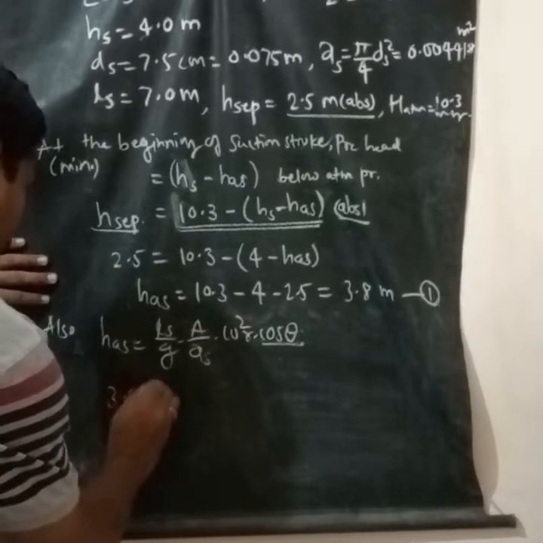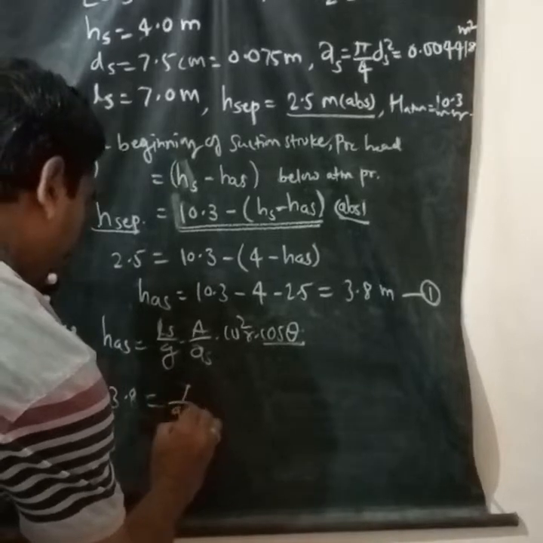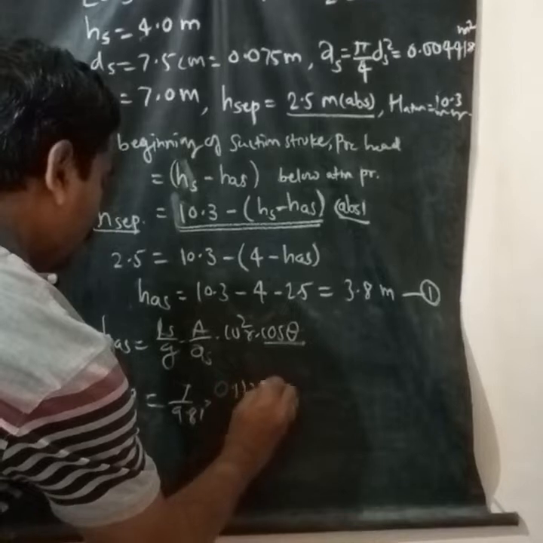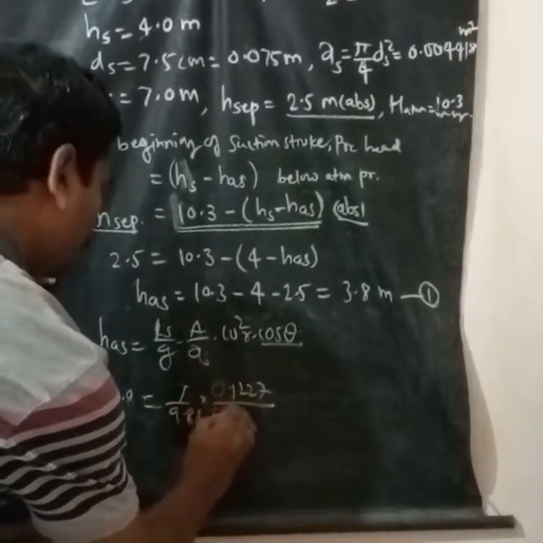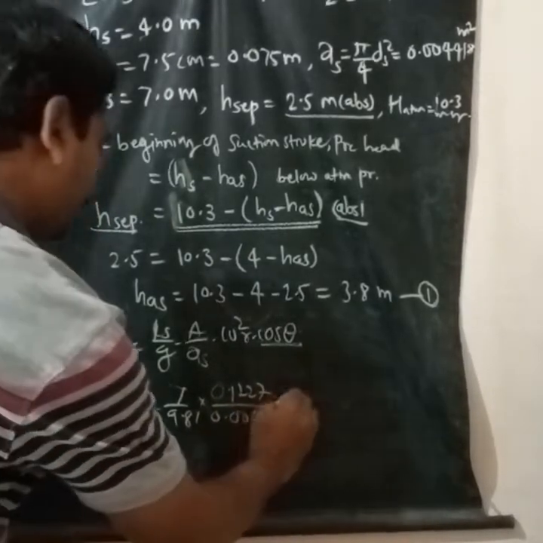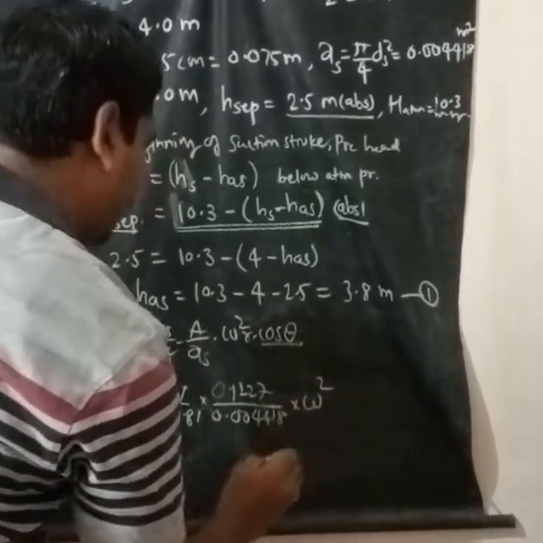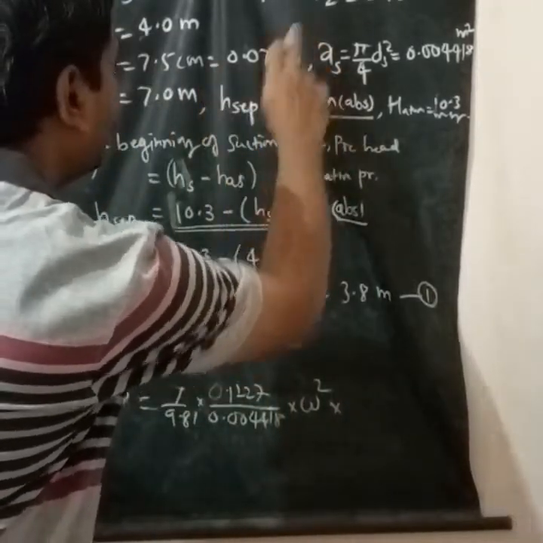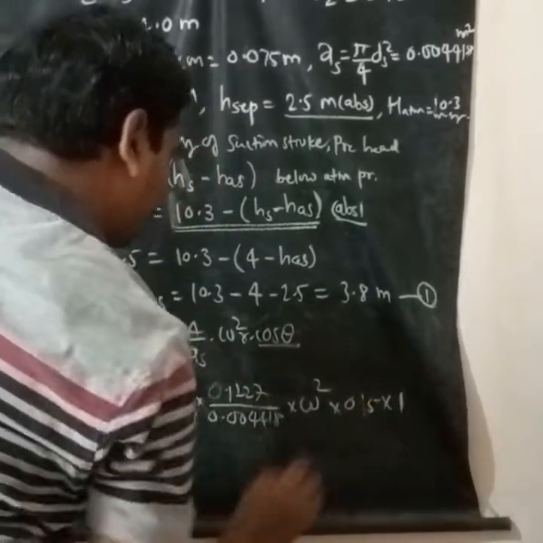So 3.8 equals LS by g: LS is 7 by 9.81, into capital A, 0.1227, upon small AS, 0.004418. Omega square I'll write as it is, into R. R is half of the stroke, that is 0.15, into cos theta.